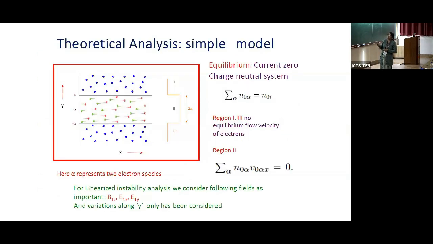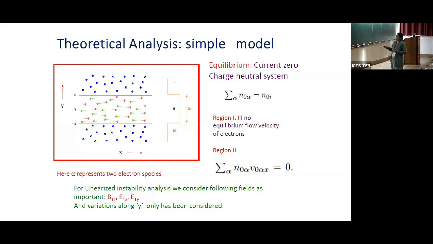So we took 3 regions, and then we took the equilibrium as zero current, charge neutral system. So basically there's a finite current which is not influencing the particle dynamics in any way. So this is one approximation.